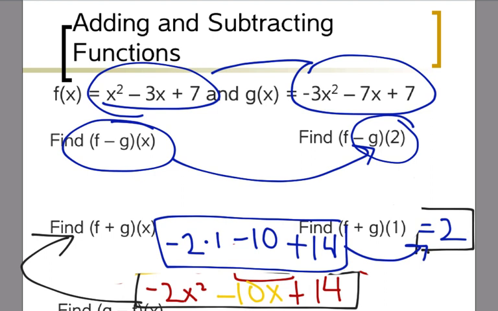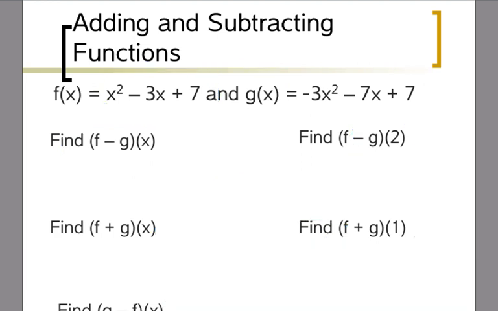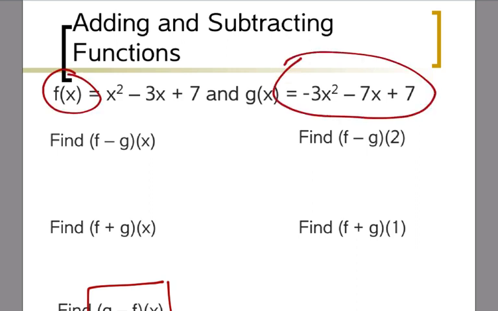Now this bottom problem, down at the very bottom, it says do g minus f. I wanted to show this example because you don't always do f first. It could be that you write the g equation first and then do something with f behind it.